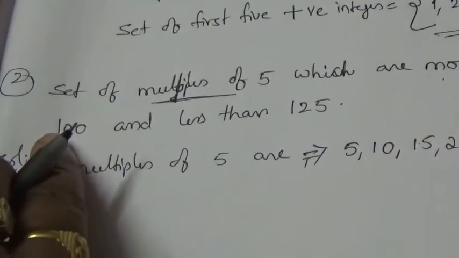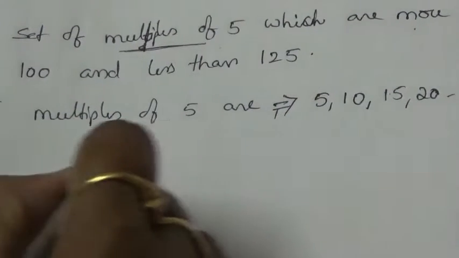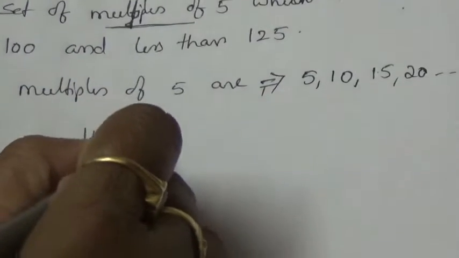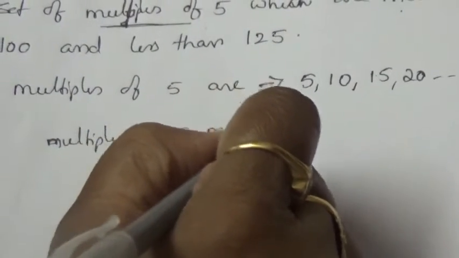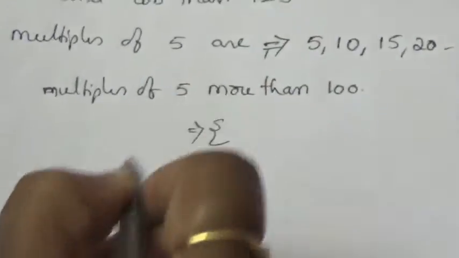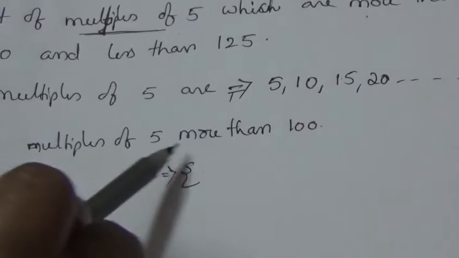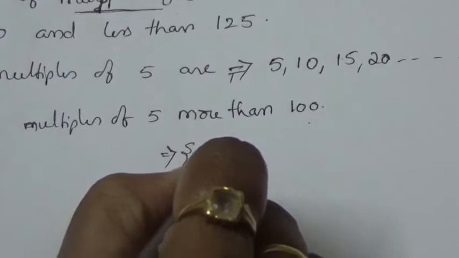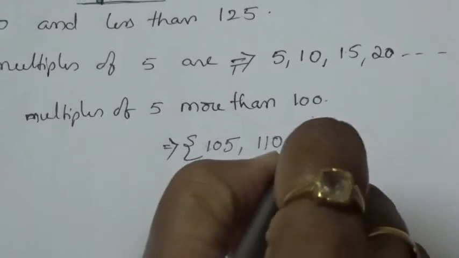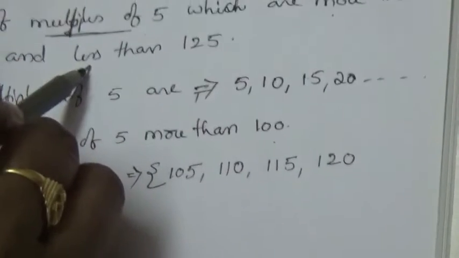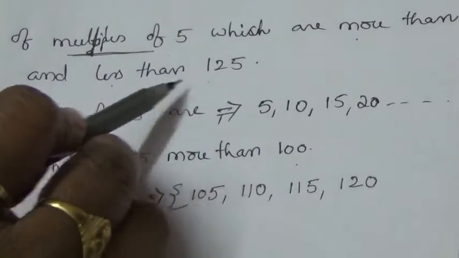But we have to write more than 100. So the multiples of 5 more than 100 are 105, 110, 115, 120, and less than 125, so don't write 125.